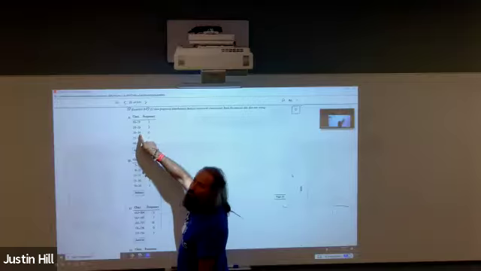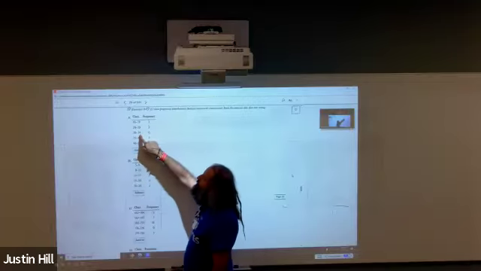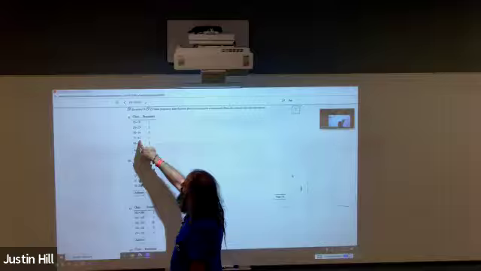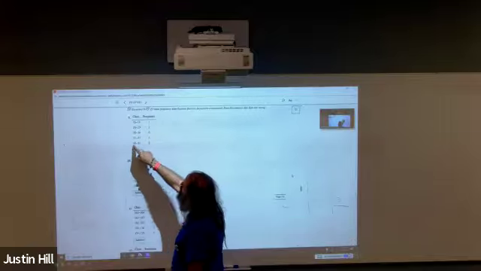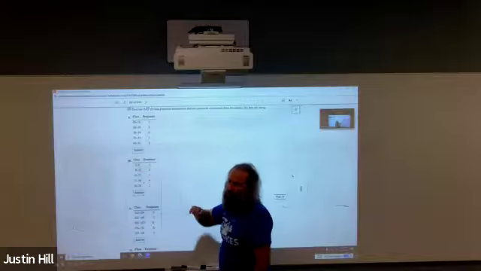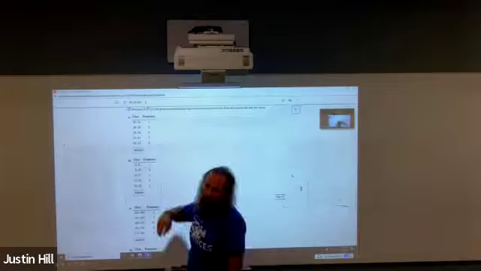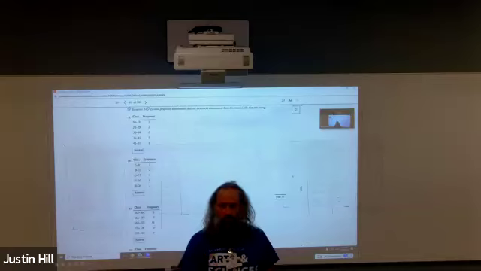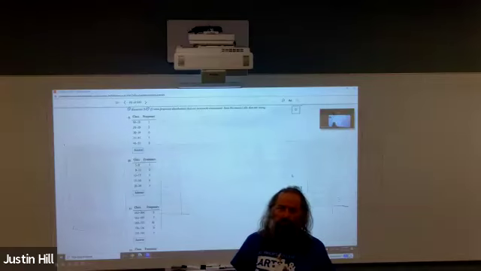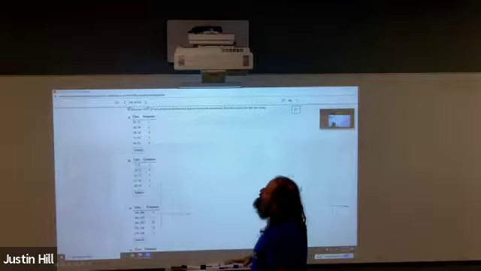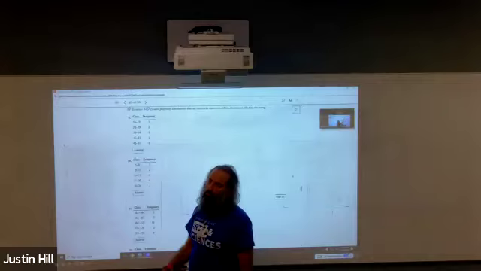But then 30 to 34 is only 4 across. 35 to 45 is like 10 across. 46 to 51 is 5 across. So these last 3 classes are all wonky and all over the place. They don't match the first 2 classes as far as how large those classes are. That's the problem here.